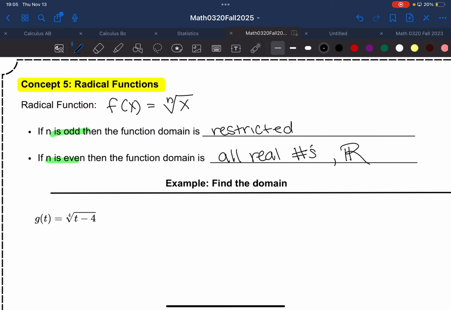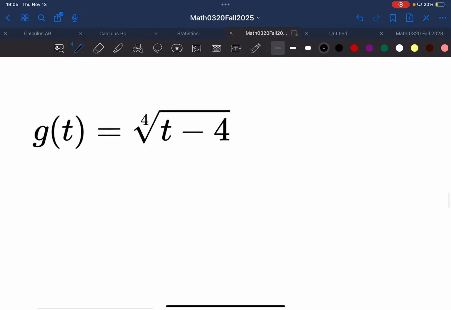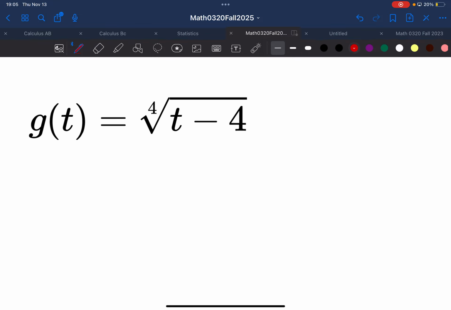So for these examples, we're first going to see if n is even or odd. Looking at this one, it's even. So since it's even, what's the domain? No. Go back up. What word did we write?